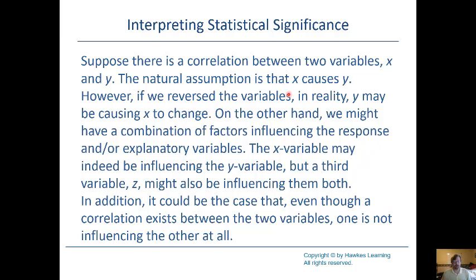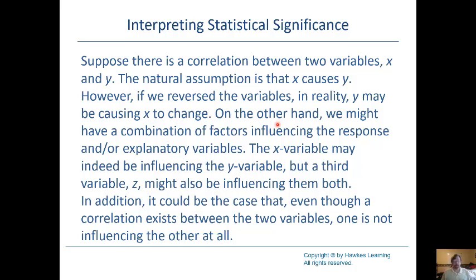It could be a combination of things. It is more complicated. It is very important to remember that correlation does not imply causation. Just because something is correlated does not mean one caused the other, in either direction. It's possible, but it doesn't mean that. It takes more work to figure that out.